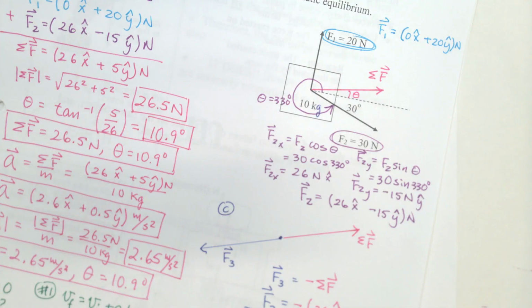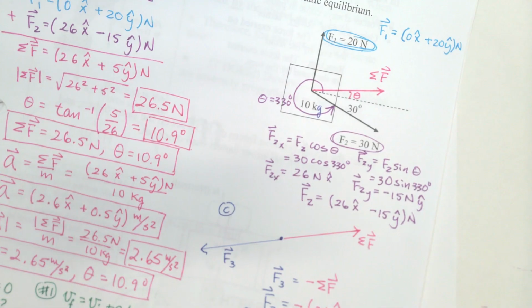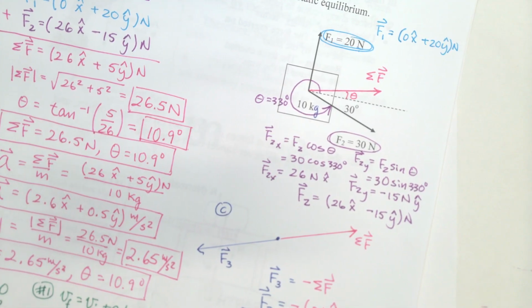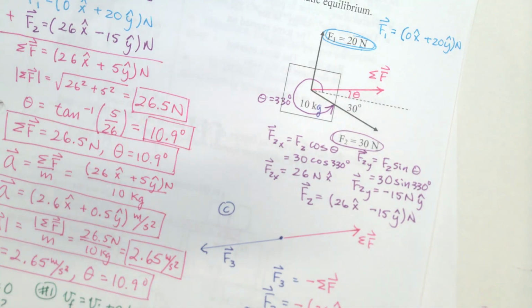Are we good? Yes, Henry? Could you also say, what's it called, the polar form, could you say negative 26.5? No. Why not? The magnitude cannot be negative? Correct.